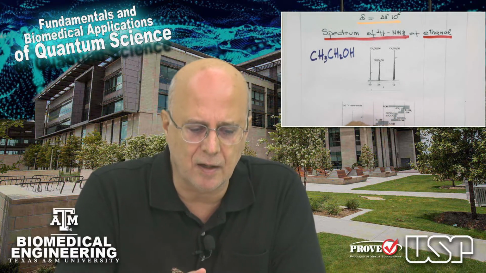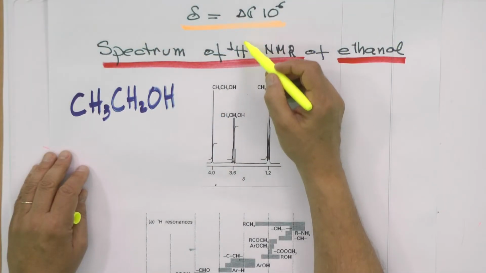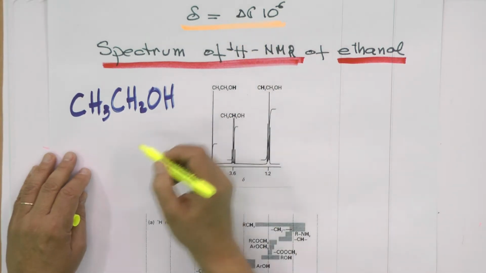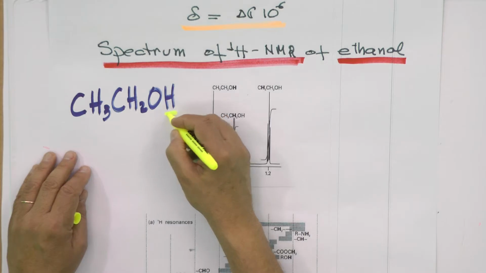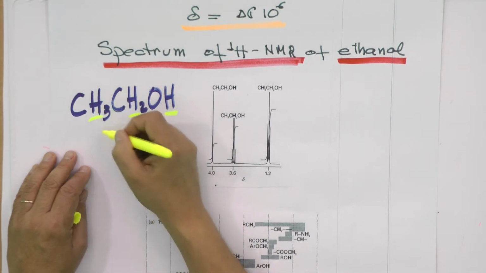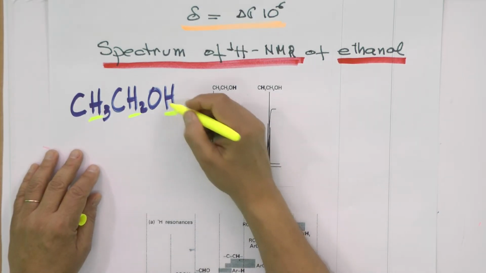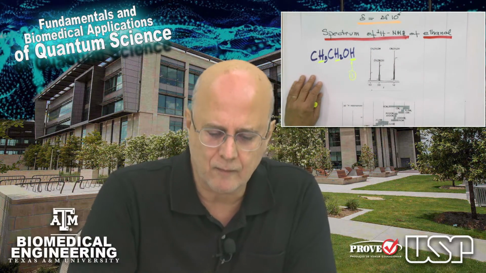And then there is a possibility, if I'm going to observe the spin of the nucleus of hydrogen, I have three possibilities. This is one hydrogen, this is another hydrogen, and this is another hydrogen. Of course, here they are equivalent. So I call this hydrogen here hydrogen 1.